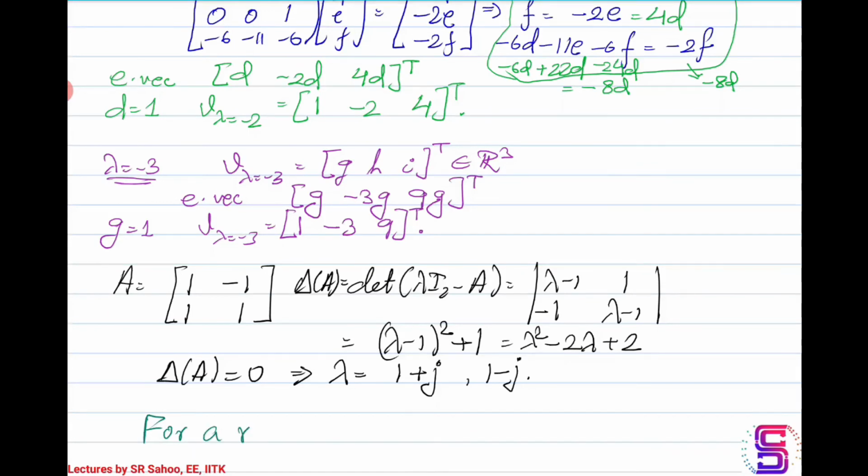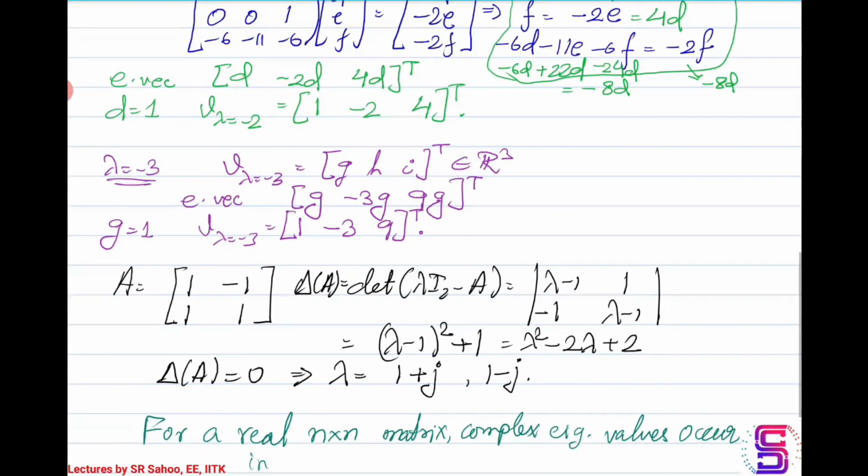For a real n cross n matrix, complex eigenvalues occur in conjugate pairs.